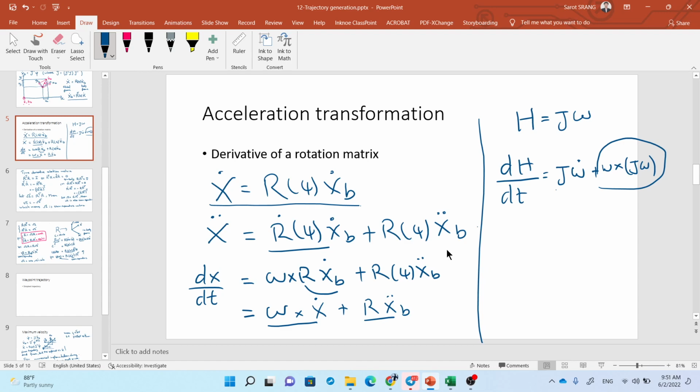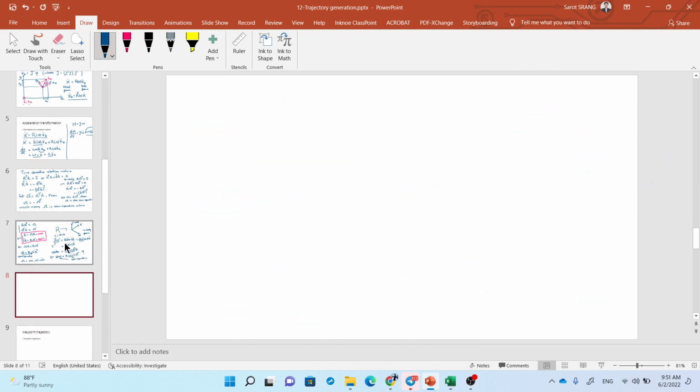All right, so why are these equations important? Okay, let me summarize what I have. All these equations. So first, inverse kinematics.